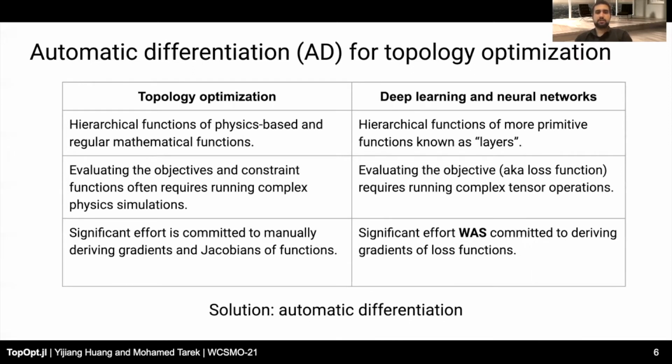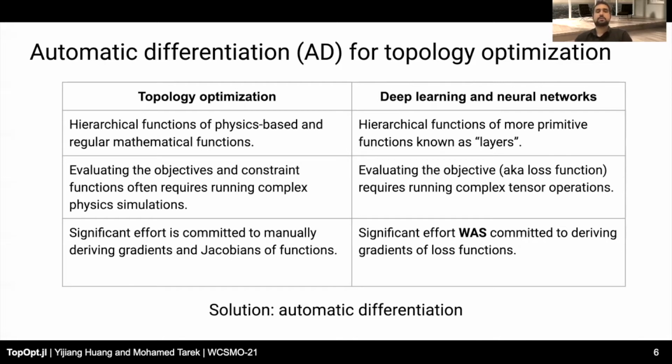Currently, the state of topology optimization is very similar to the state of deep learning and neural networks a few decades ago, where in topology optimization, we often have hierarchical functions of physics-based and regular mathematical functions, like think of the checkerboard filter, the Heaviside function. None of this is physics-based, but then you need to assemble the stiffness matrix and then find displacements and then find compliance and so on.